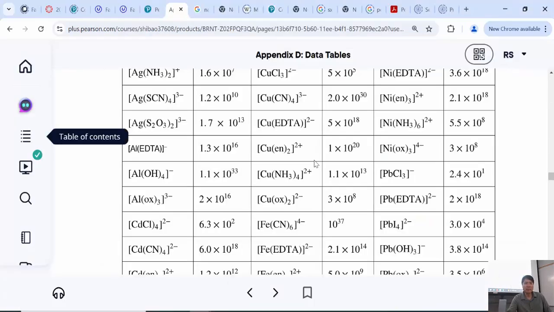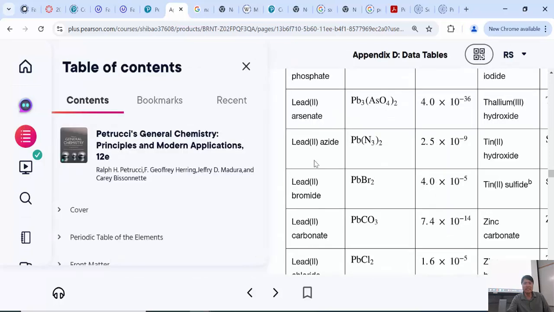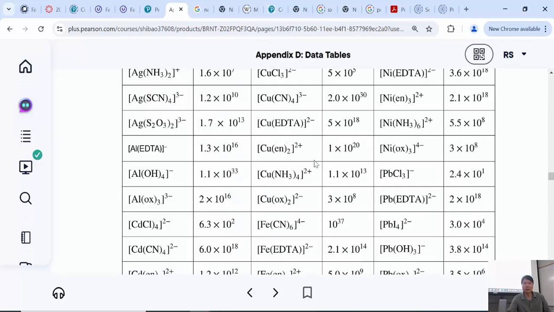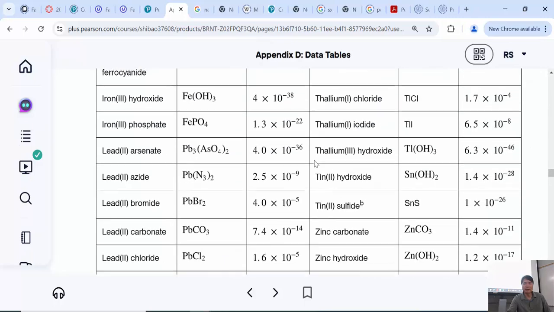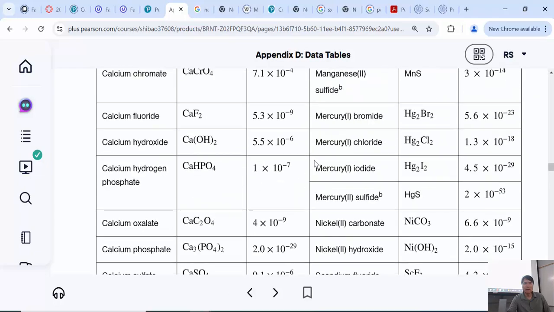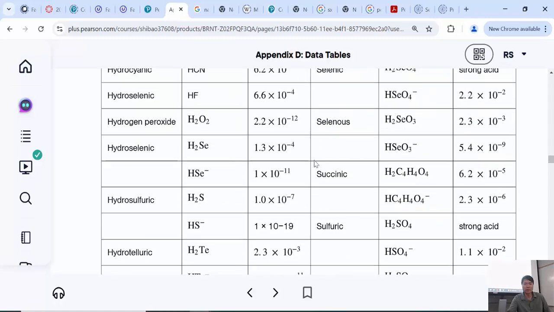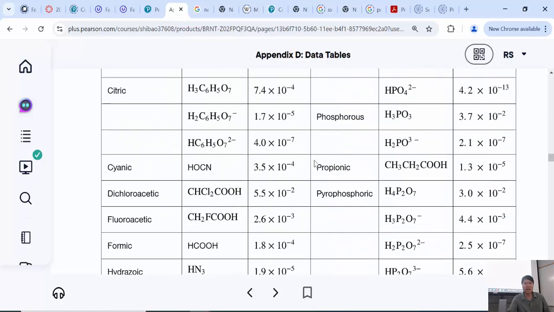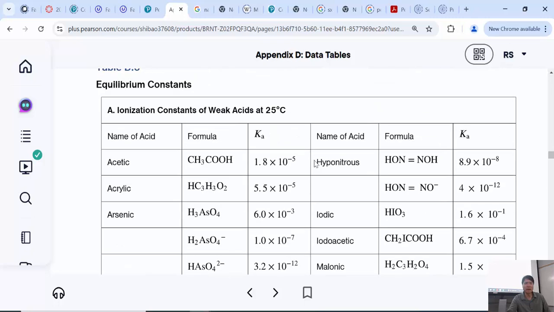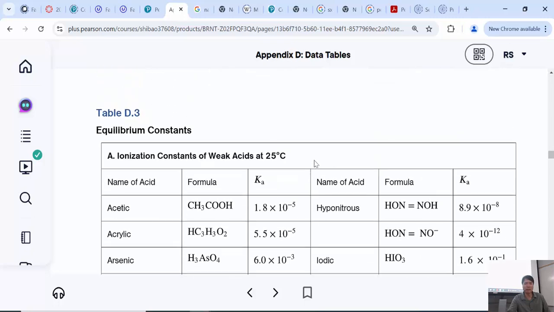This time I'm not going to go to Appendix D, although that table is in Appendix D. I want it ranked. That table is in alphabetical order according to the acid, and I don't want it alphabetical, I want it based on strength.